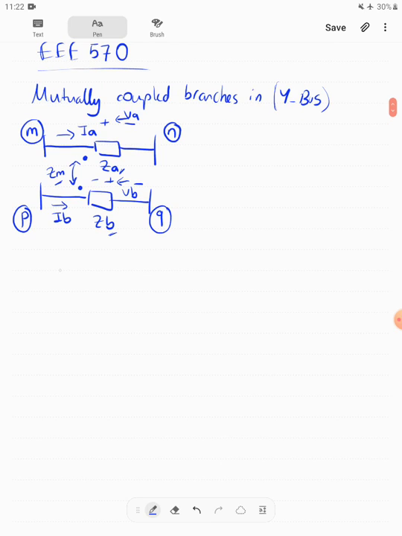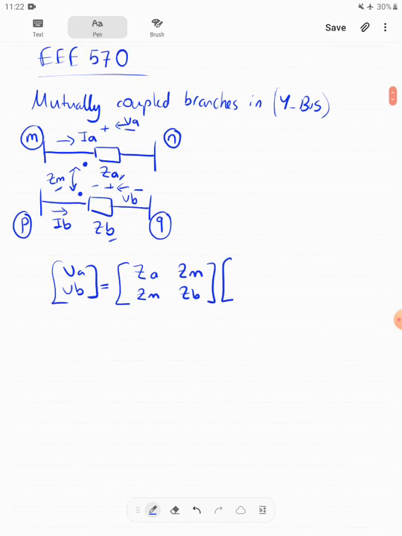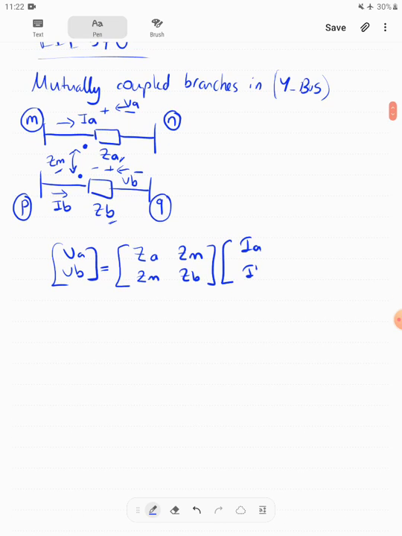That will be like this: VA, VB is equal to ZA, ZM, ZM, ZB and the current vector IA, IB.